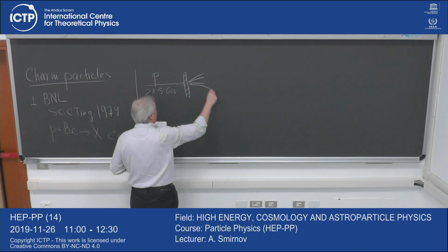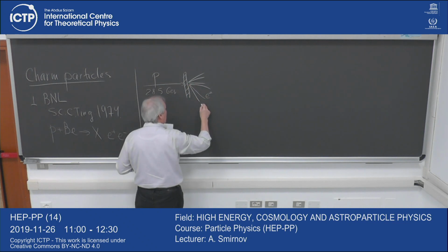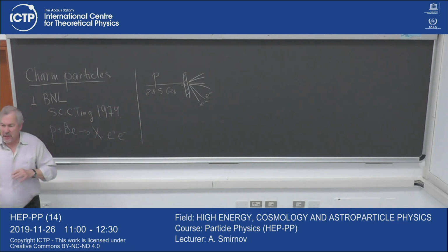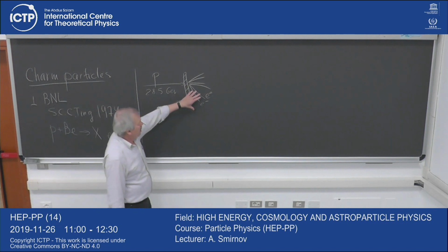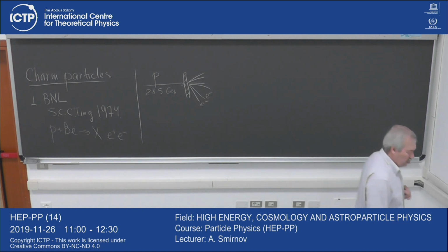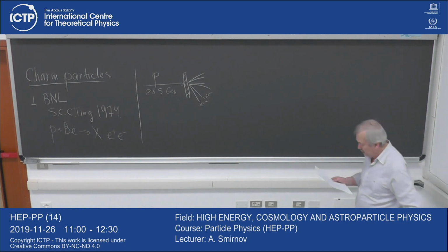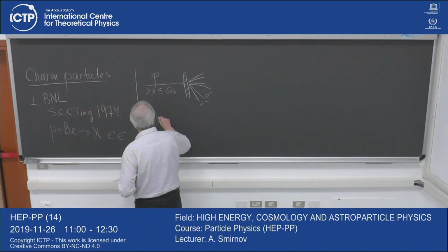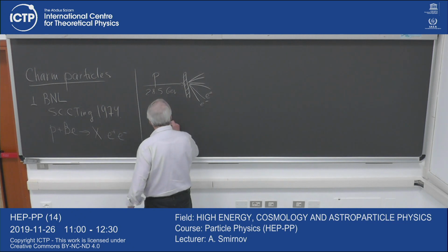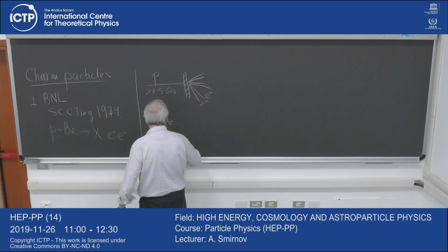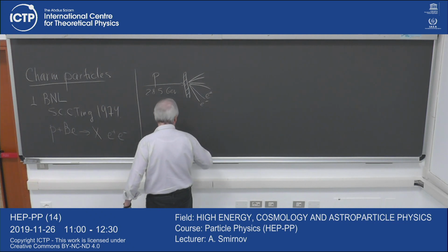And then among various particles, in some events, not at all events, an e+ e- pair appears. As we discussed in the last lecture, the appearance of this pair may indicate that it appears through the decay of some new particle. To establish this, one needs to measure the invariant mass of e+ e-.